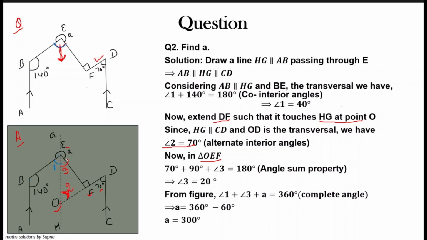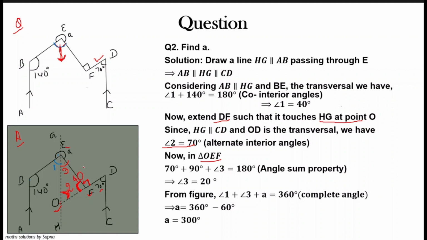Angle 3 I need to figure out, but if you clearly look at it, this is 90 degrees. If line EF is standing at 90 degrees on line OD, it would be 90 on left and right both. So this angle is by default 90. I can write it over here that this is 90 degrees.